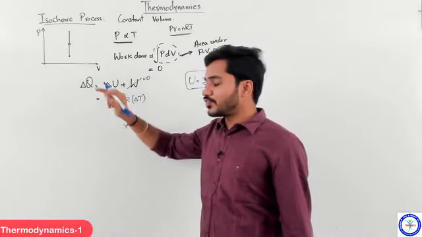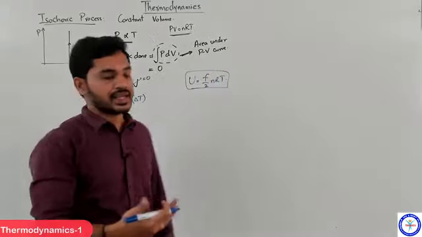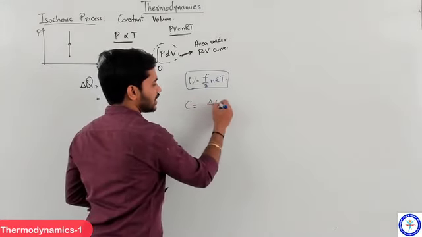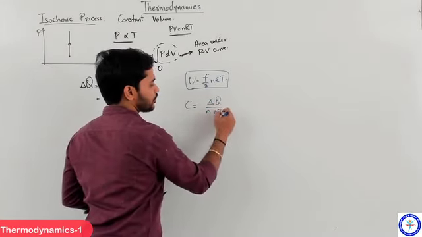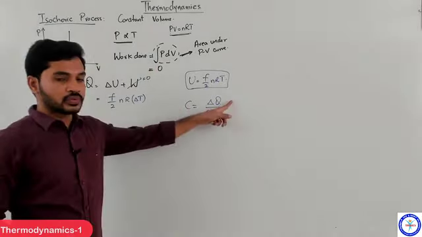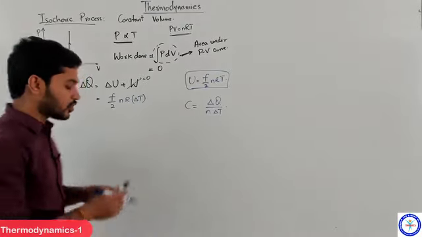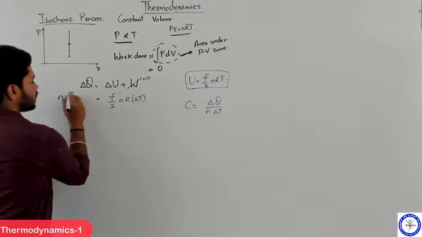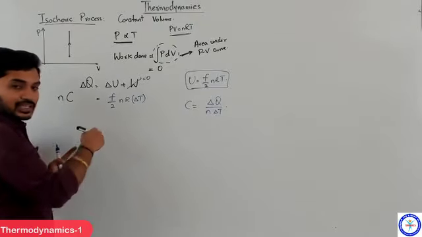And you know that by definition, for delta Q for any gas, we have seen that earlier from the definition of molar heat capacity, C is delta Q by n delta T. So even here we can write delta Q as nC delta T. So the amount of heat supplied to the gas can be written as n C of the gas in that process.